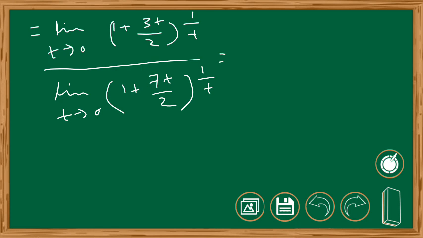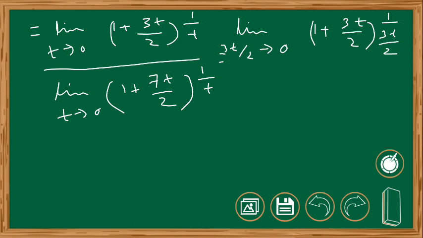So in place of t tends to 0, I write 3t/2 tends to 0. Then it is (1 + 3t/2) raised to the power 1 by 3t/2.